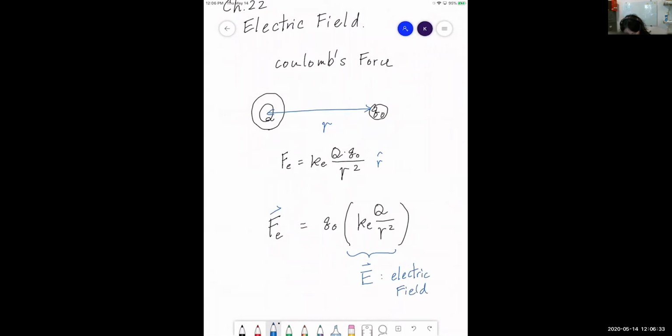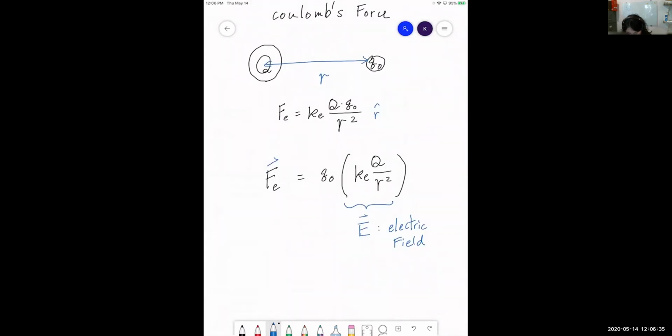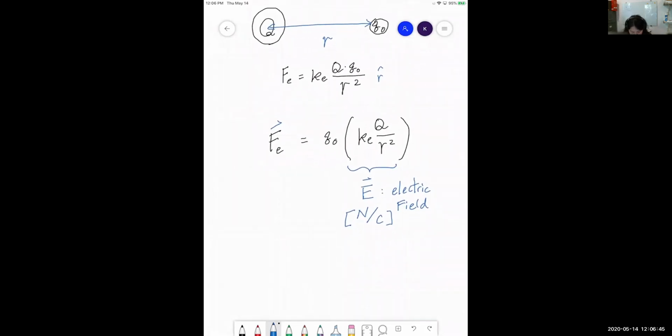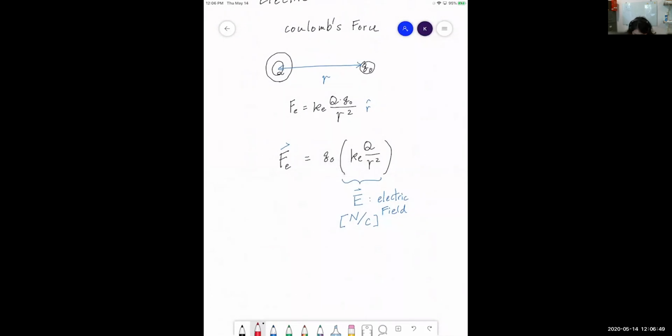So the unit for the electric field is newton divided by coulomb. I'm going to write again. The electric field E equals force divided by the little q naught.